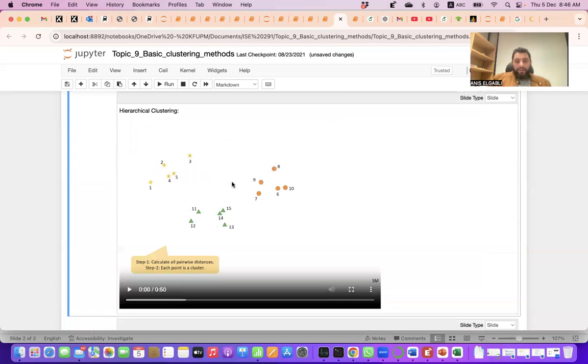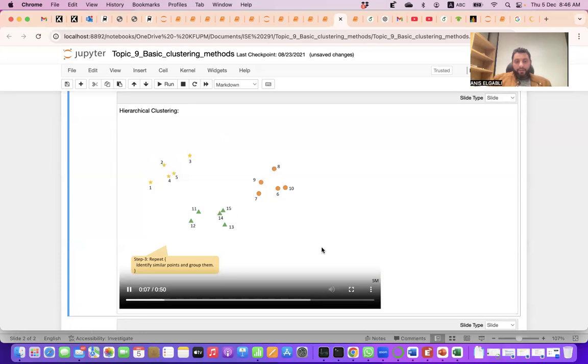If we start here, which two points will form the first cluster? We are using the Euclidean distance. If you look here, you will find that points 14 and 15 are the closest to each other, so they will form the first cluster. Let's look at the video together and follow the steps here.